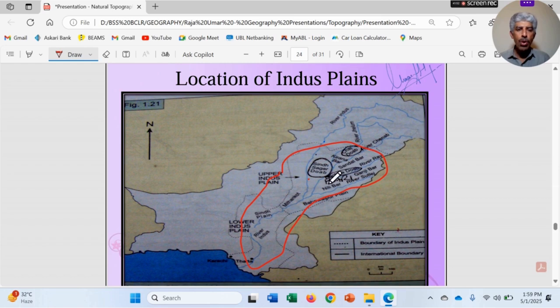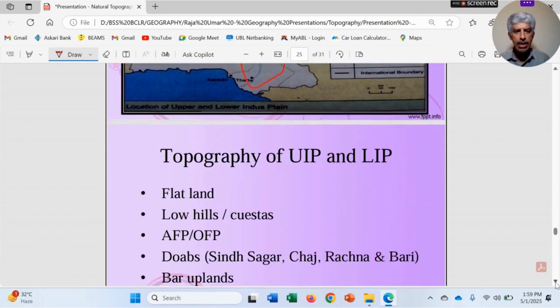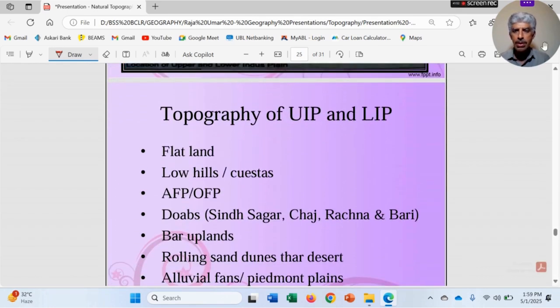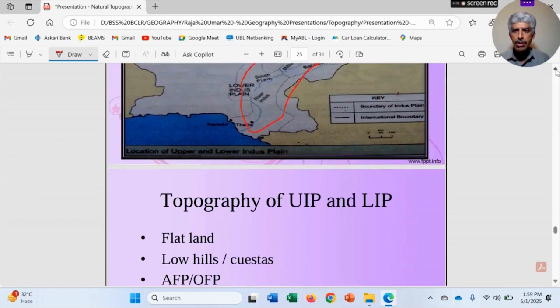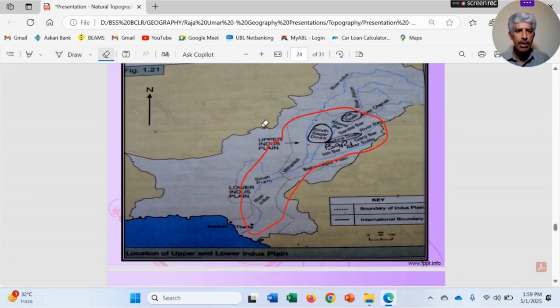So, moving on to the further characteristics of this land on the next slide, and then I'll come back to this slide to explain those points over here. Topography of, so first let me talk about the classification or the categorization of this Indus Plain.